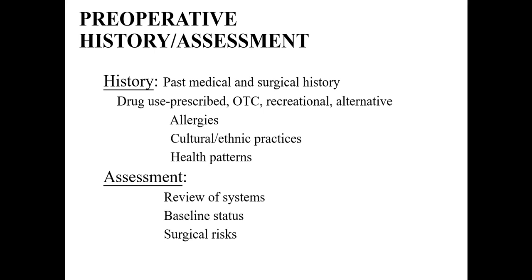The RN circulator checks the patient identity, confirms the procedure with the patient, and answers any questions for the patient and family member. So when all of the preoperative procedures and requirements are complete, the patient is transferred to the operating room, often by the RN circulator.